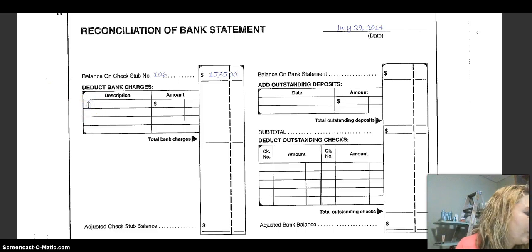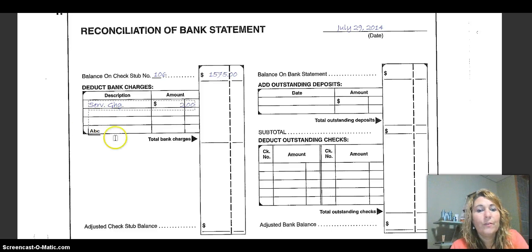The book's telling us there is a bank service charge of $2, so here I'm just going to put service charge, and I can abbreviate that. And that is $2. Okay, there was no other service charges, so the total of my bank service charges is just the $2.